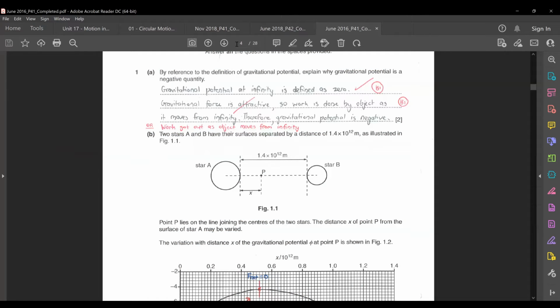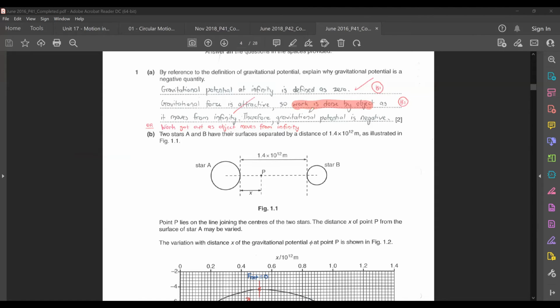Oh yeah, another thing I should probably mention to you here is this. I have a tendency to use "work is done by object", which is actually correct. If you look at the marking scheme, they don't use the term work done by object. Instead, they will use a very weird term called "work got out as the object moves from infinity".